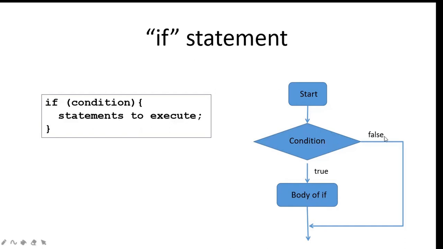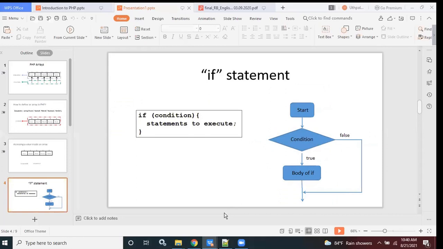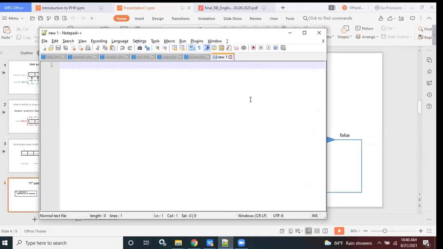And if the condition is false, then it will skip that body part of the if statement and straight away execute whatever is outside of that if statement. That's how it is going to work. So let's try to write an example here. Okay, let's start with the PHP tag.